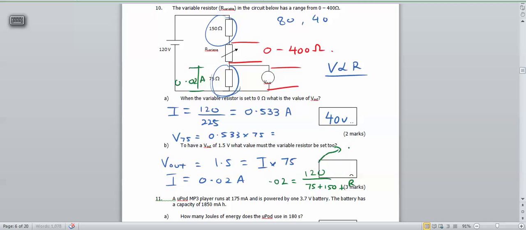So we've got 225 plus R, times 0.02, is equal to 120. So let's rearrange. We need to solve for R.